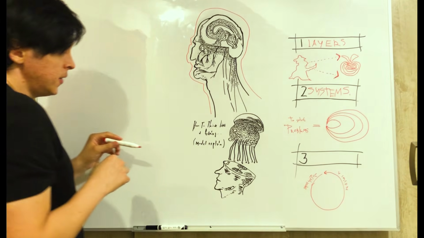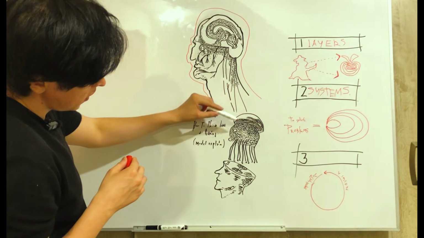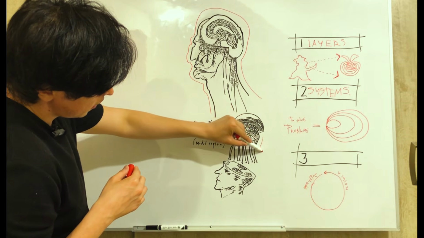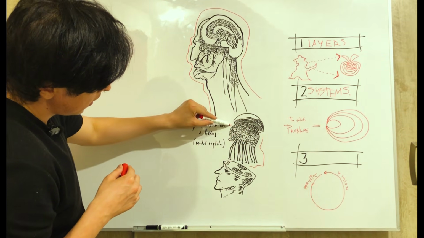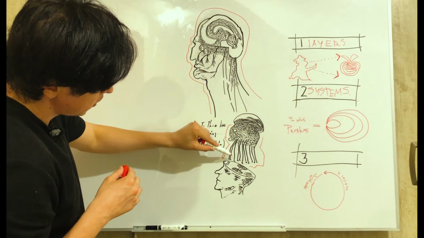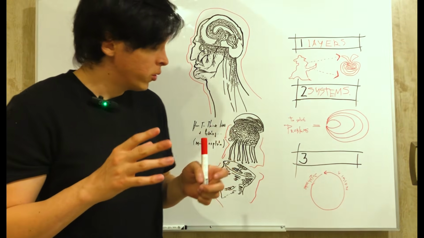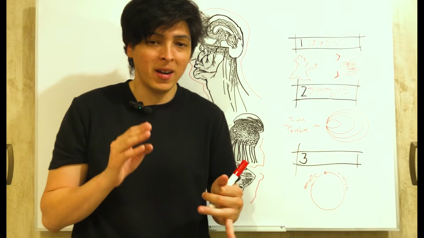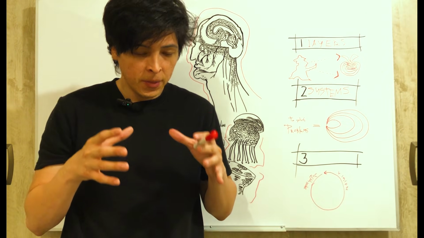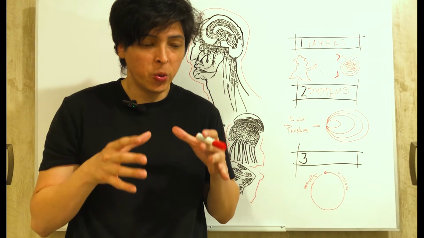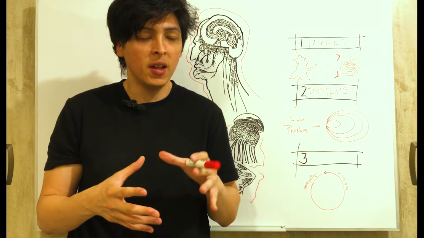Like his drawings of the human being, he tried to recognize different layers across different systems to understand how the human being works, or the system of nature, architecture, engineering, different systems he tried to recognize in different elements across the power of observation.